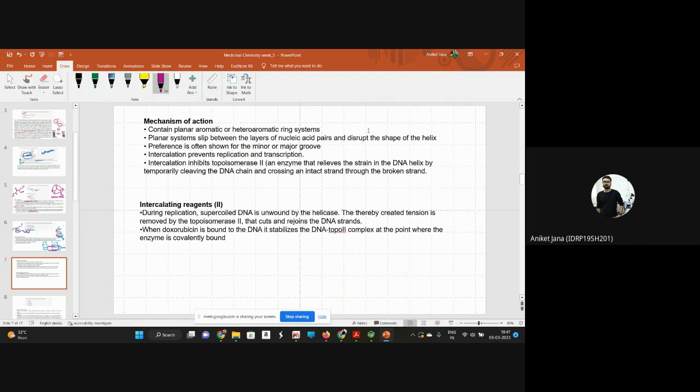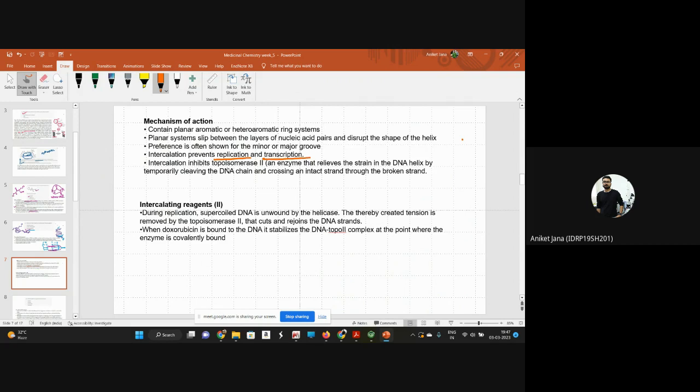This is very important. Intercalation prevents replication and transcription.